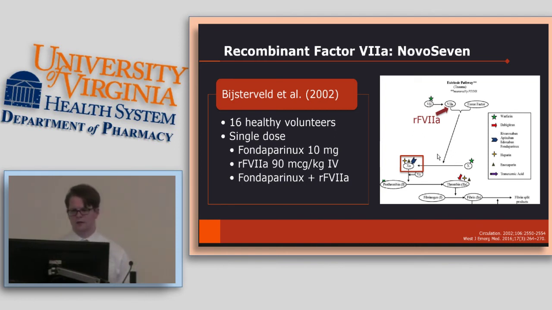And the theory behind this is that the activated factor VII will drive forward activation of factor X and overcome the factor X inhibition, leading to increased formation of the prothrombinase complex, and therefore driving forward the rest of the clotting cascade.